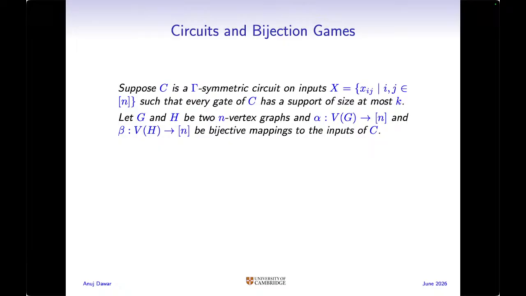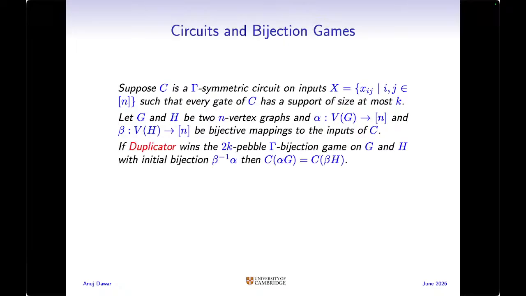So if you have a gamma symmetric circuit, and you have these two graphs, you think of mapping the vertices of the graph to the inputs of the circuit, by some bijection, vertices go to n. And similarly for this.